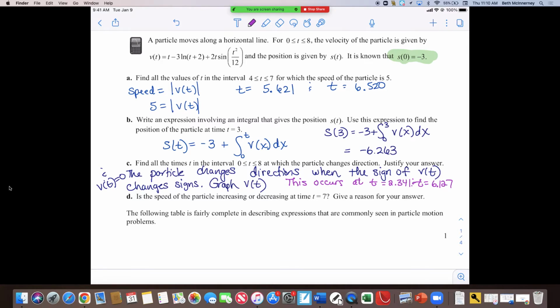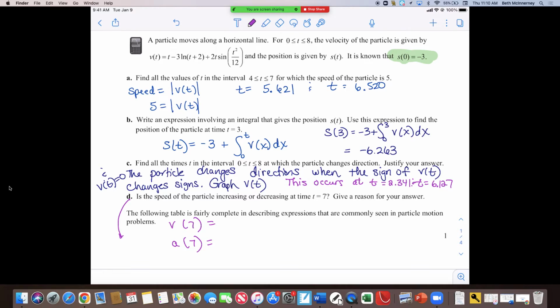All right, letter D. Is the speed of the particle increasing or decreasing at time t equals 7? Give a reason. I didn't give you a whole lot of space here, so here's what you need to do. You're going to go find v of 7 and a of 7.